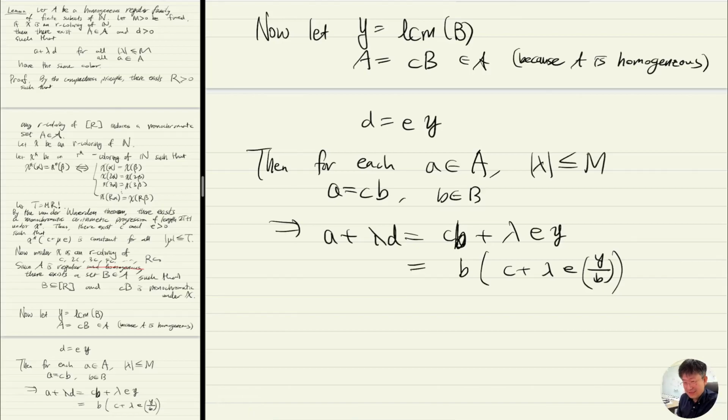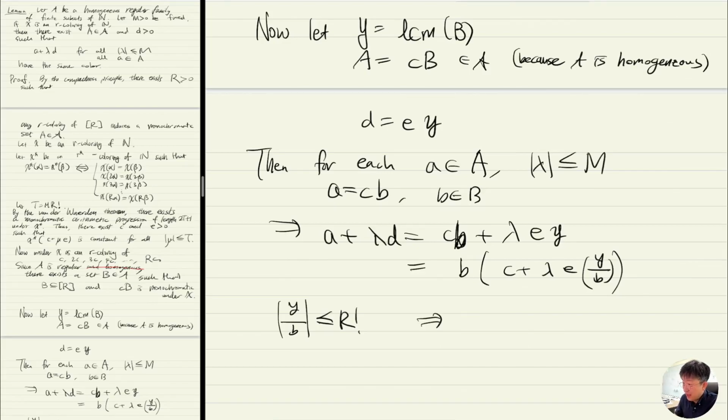Now I didn't use a good number, but let me give a very crude bound. I didn't have to choose this r factorial, but I don't need to choose the LCM. I could have chosen the product of all elements in B. But anyway, y over b is at most r factorial because it's less than or equal to the product of elements in B except this particular small b.